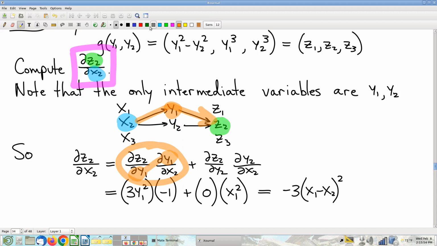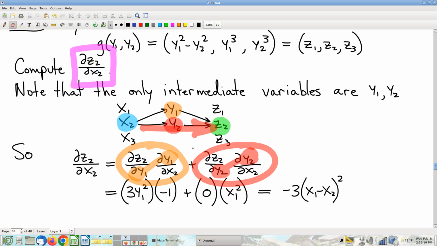And likewise, for this y2 intermediate variable, aka y2 path, I get this y2 term. And there's my chain rule as applied to computing that one partial derivative. I don't have to compute two entire matrices of partial derivatives. I just need these ones specifically. Okay. All right.